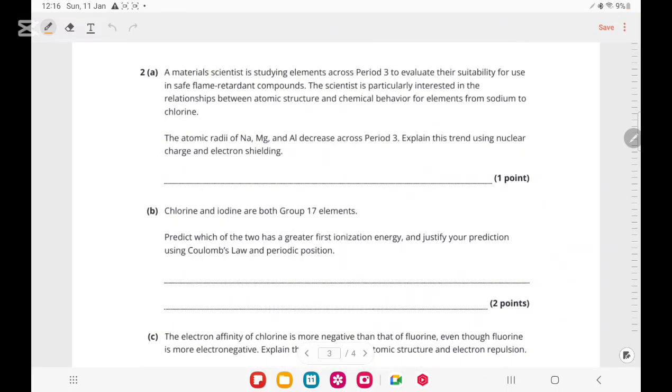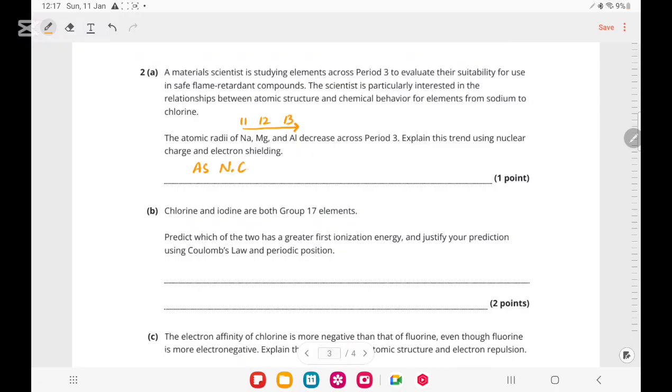Then in the next question, they say the atomic radii of Na, Mg and Al decrease across period 3. Explain this trend using nuclear charge and electron shielding. Across the period Na has 11 protons, Mg 12 protons, and Al 13.